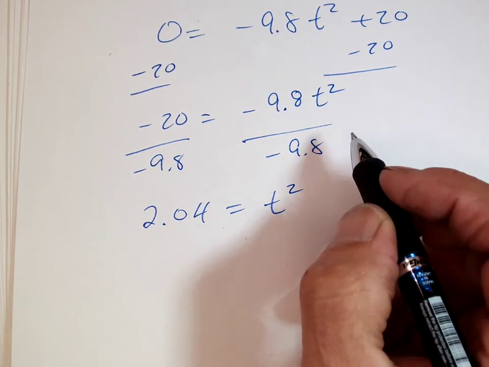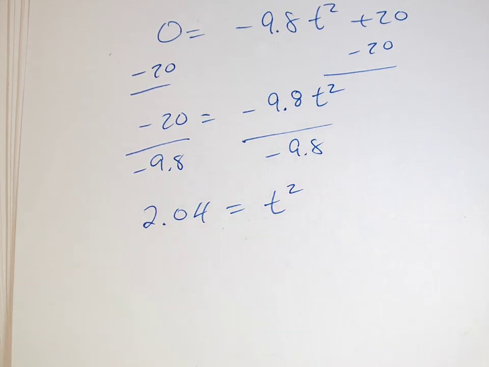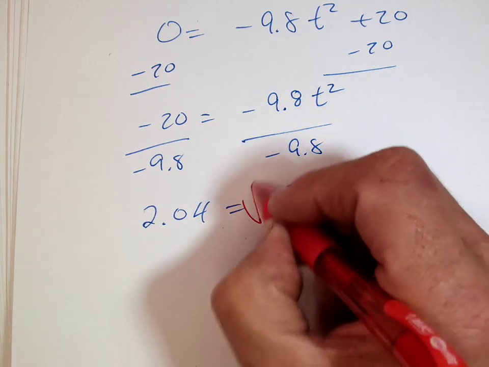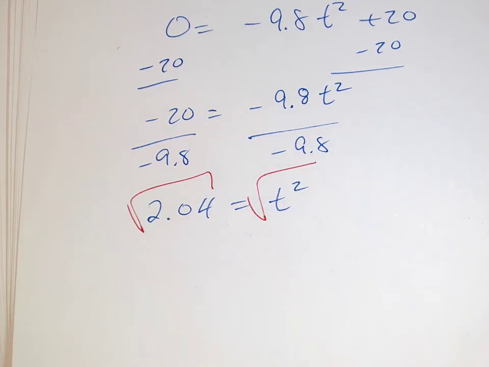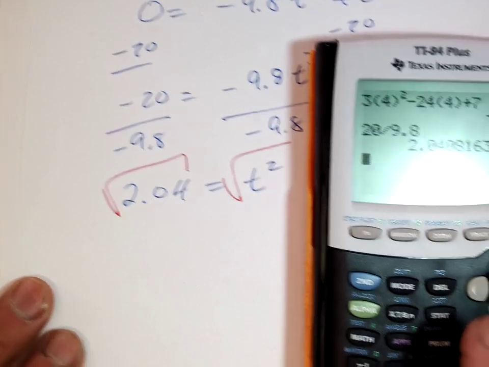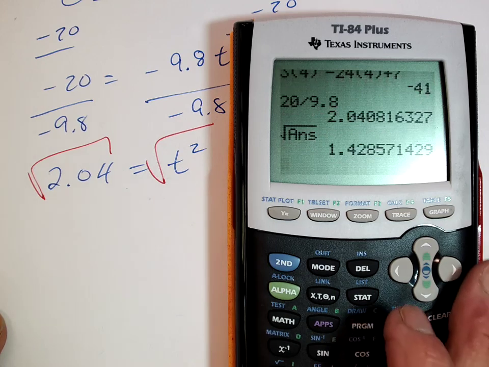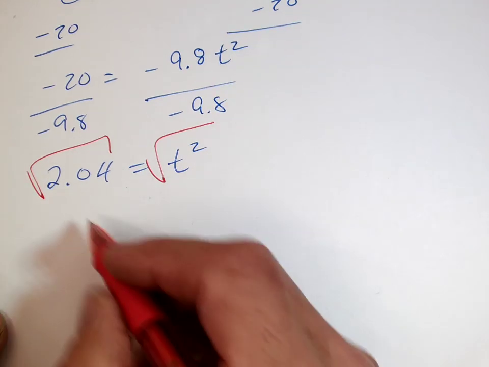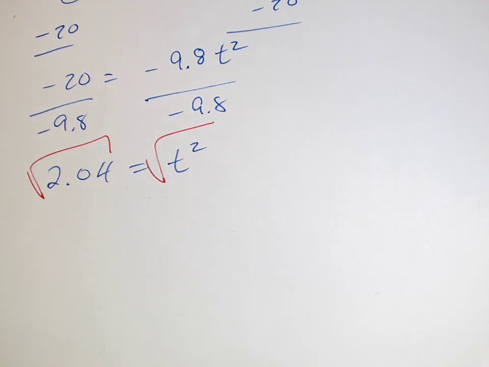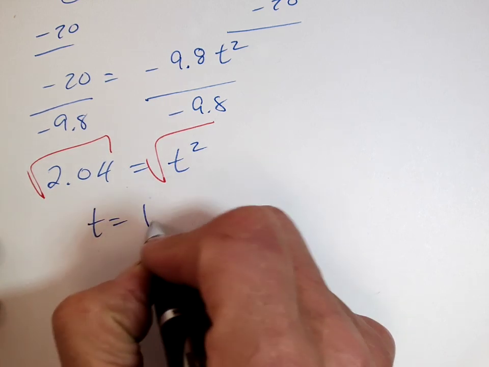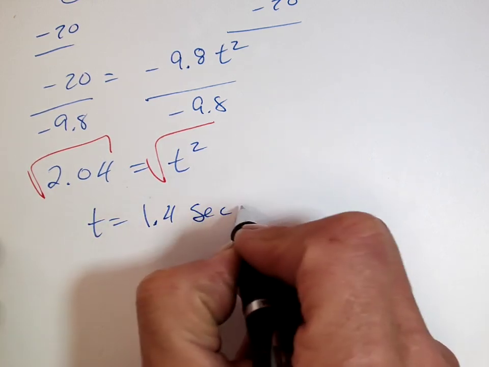So now I'm going to square root it. To undo the square, I'm going to square root it, and in my calculator I'm just going to take the square root of that number, and I get an answer of about 1.43. So t equals about 1.4 seconds.